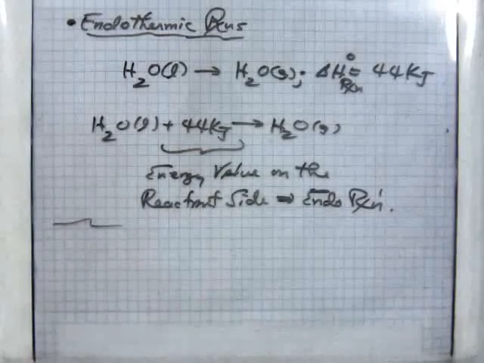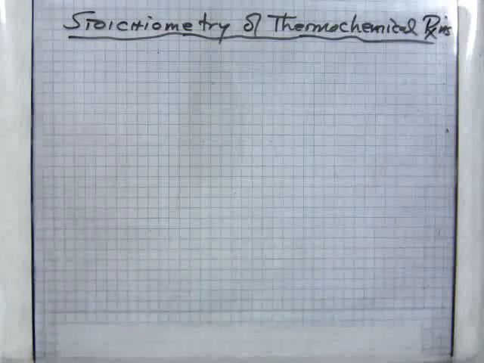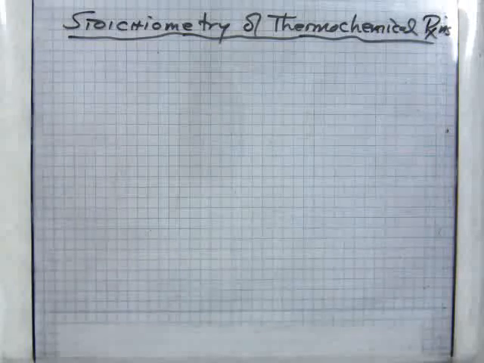Now, with that in mind, we need to scoot through the stoichiometry of thermochemical reactions. Now, the reactions can be presented either in joules, kilojoules, or calories, or kcals, and so forth.